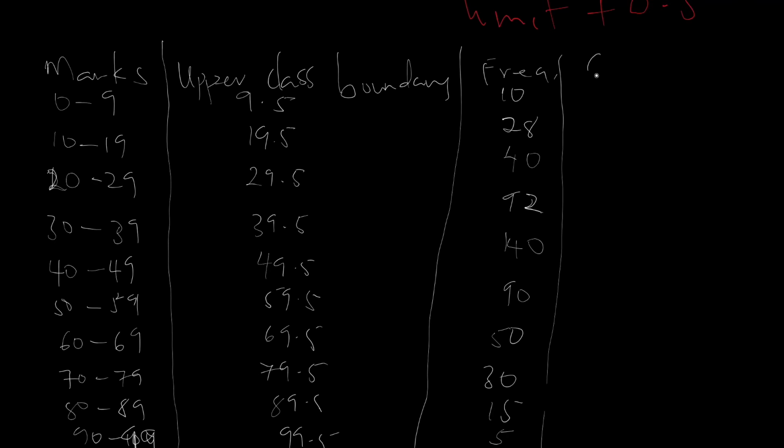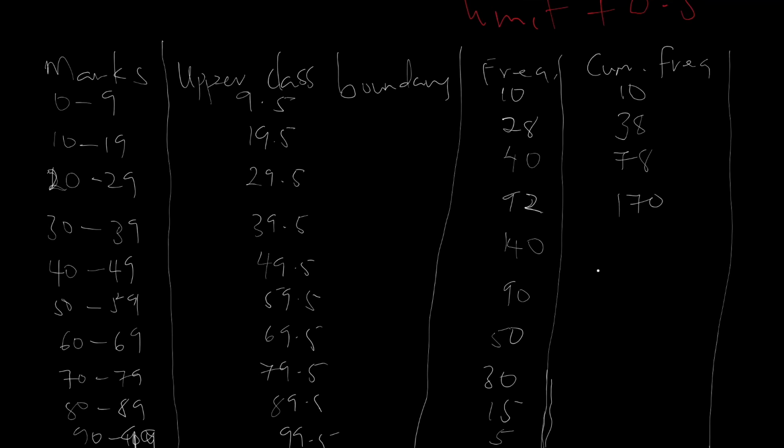Then we find our cumulative frequency. So we have 10, then we add 28 to 10, we have 38. We add 40 to 38, we have 78. So that's what we do for the cumulative frequency. 92 plus 78 is 170. Then we have 310. Then we have 400.